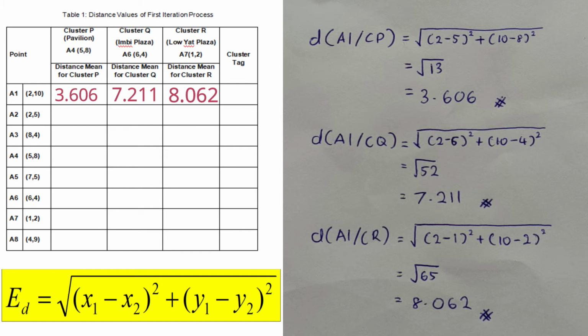So for the next calculation for distance from point A2, A3, A4, A5, A6, A7 and A8, we just use the same formula, and we repeat the method that we use just now.